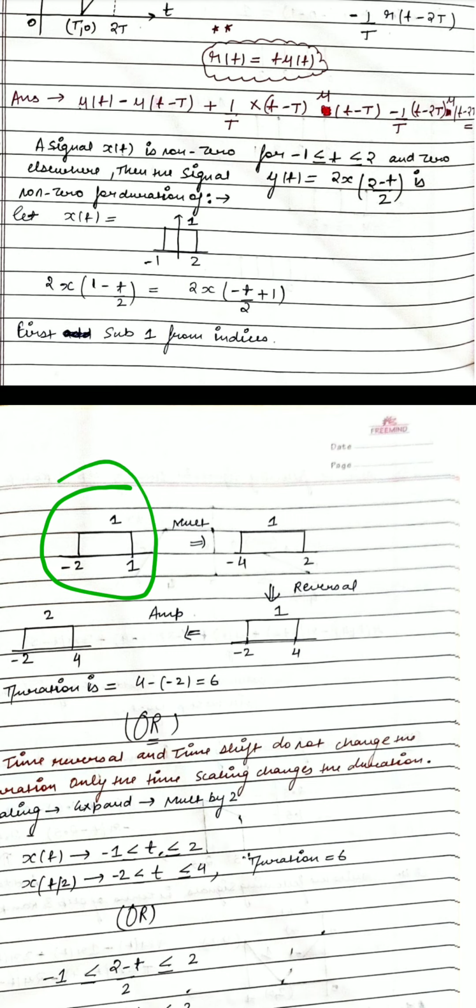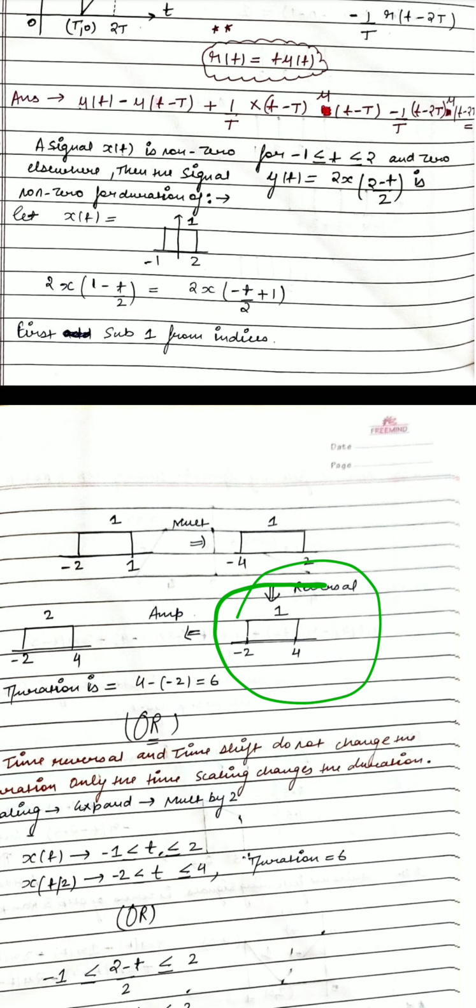Now, what we have to do? Expand by 2. Now expand by 2. We will get this signal. Then there is time reversal. Time reversal means rotate about the y-axis.